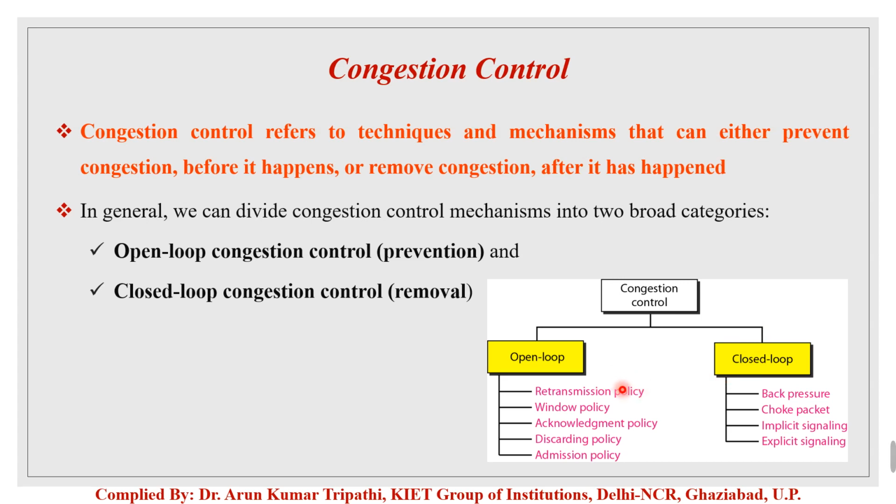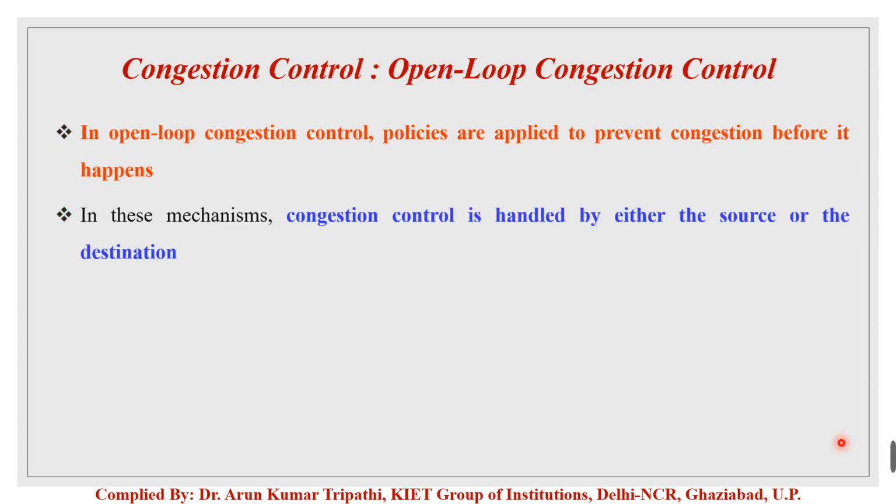So open loop has retransmission policy, window policy, acknowledgement policy, discarding policy, and admission policy. While closed loop has four techniques: back pressure, choke packet, implicit signaling, and explicit signaling. Explicit signaling is further divided into two parts: forward and backward signaling, that we will discuss a little bit later. So firstly, I will cover open loop congestion control.